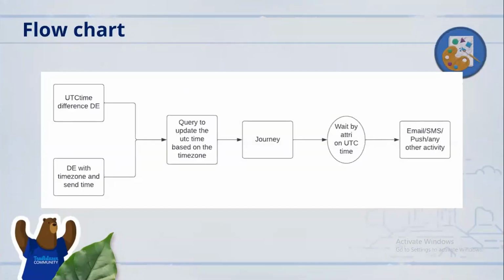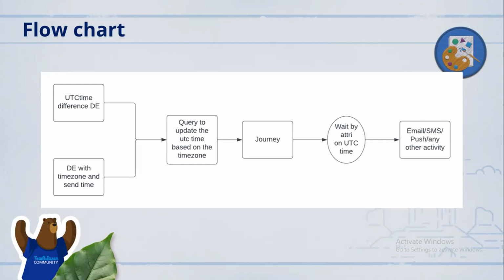So how exactly are we going to implement it? This is the flow chart that we are going to implement. First, we specify which UTC time zones we are leveraging. If we are leveraging only US subscribers, then we can create one data extension that contains only the US time zones along with the difference between UTC time and the particular time zone in seconds.